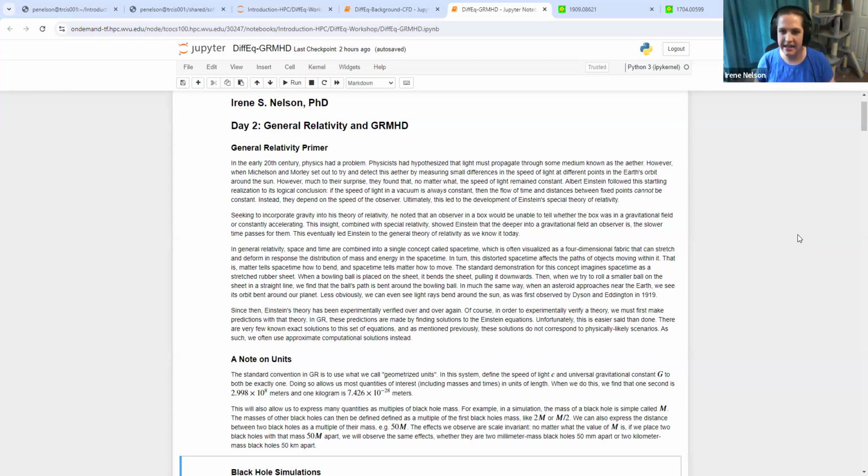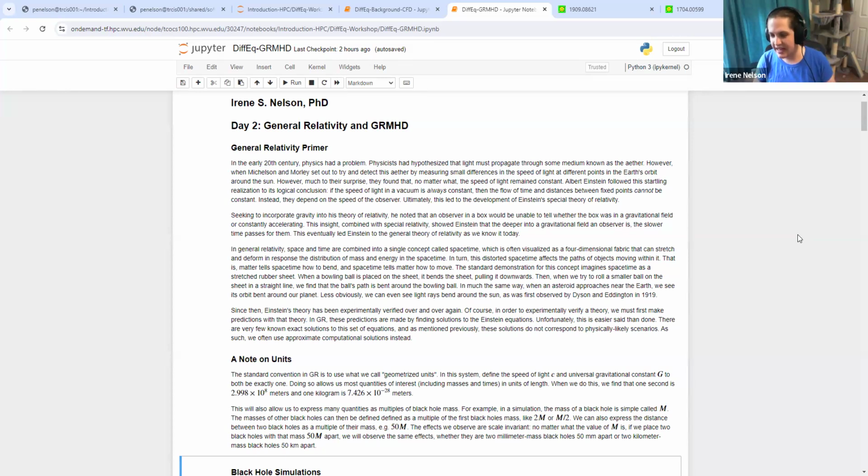So stars, planets, electromagnetic waves all contribute to this. And in turn, this distorted space-time will affect the paths of objects moving within it. So the common refrain here is matter tells space-time how to bend, and space-time tells matter how to move.